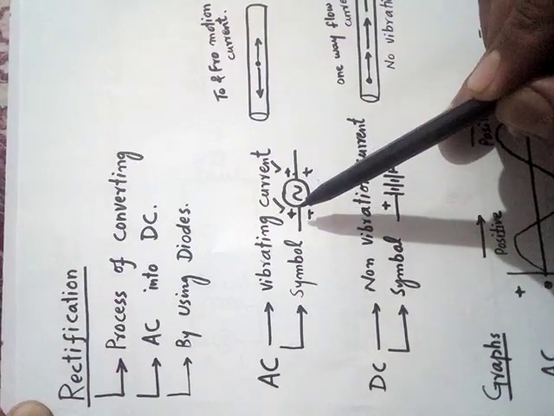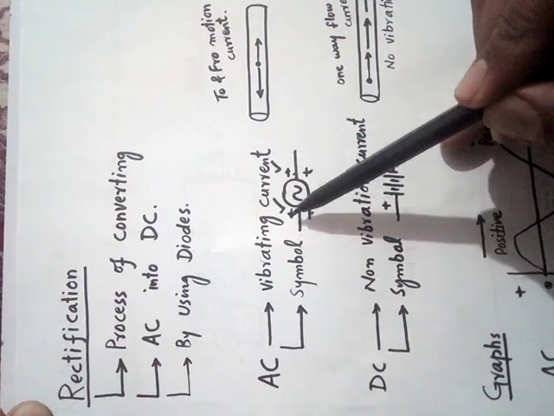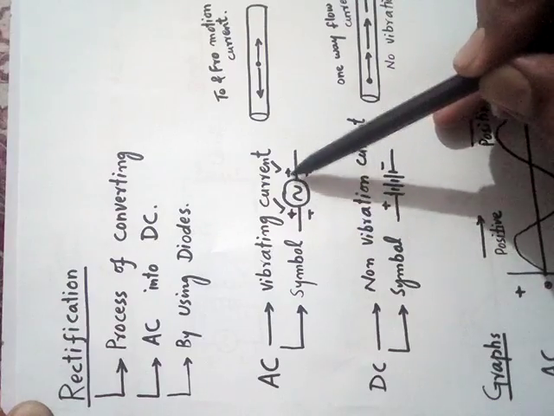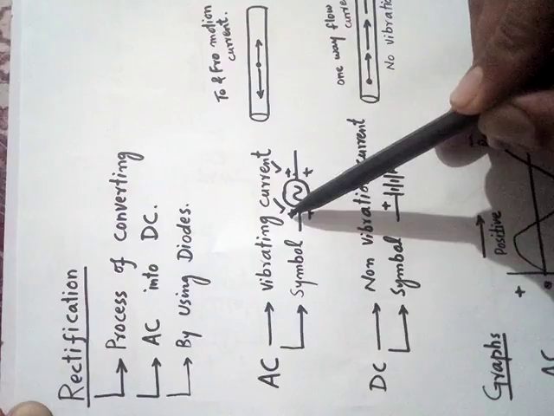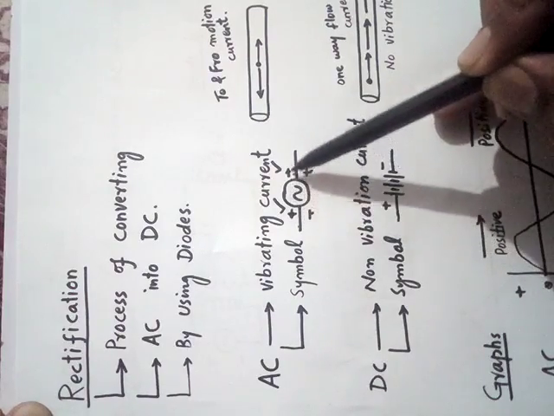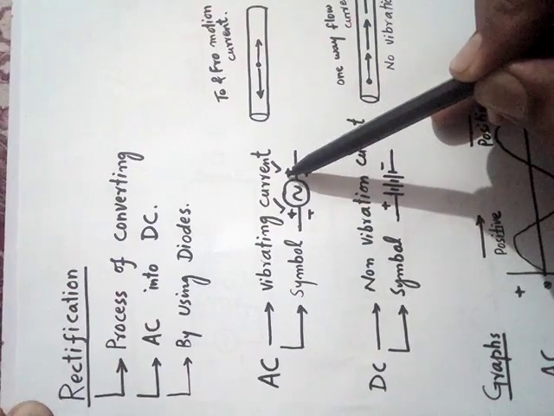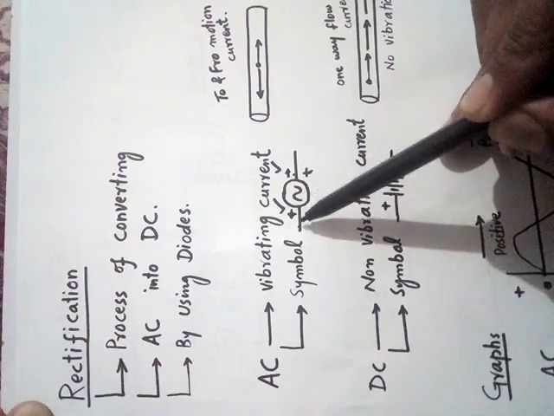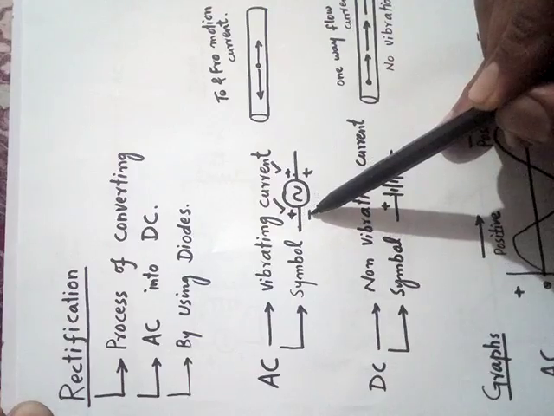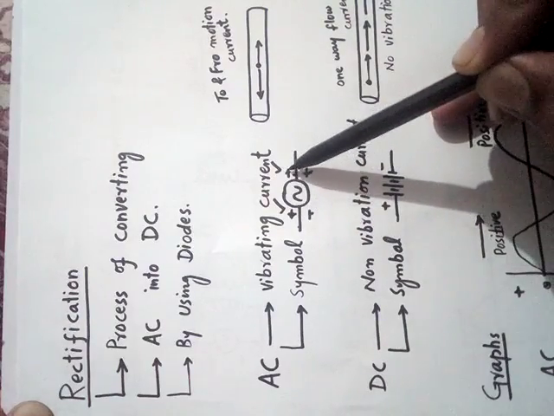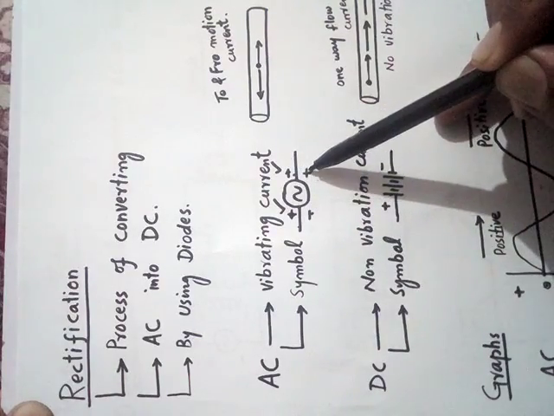The property of alternating current is that the polarity of the alternating source changes with time. If, for example, the left terminal is positive and the right is negative, after some time, in milliseconds or microseconds, the positive terminal will change into negative and the negative will change into positive.